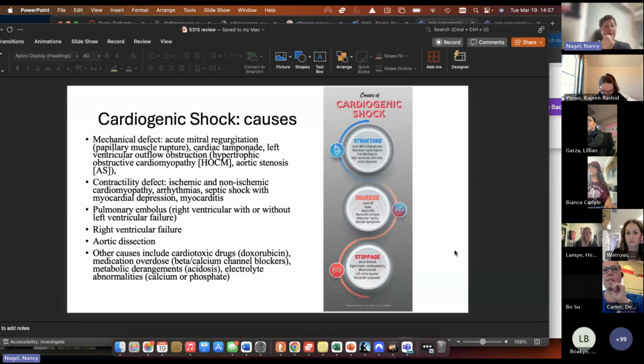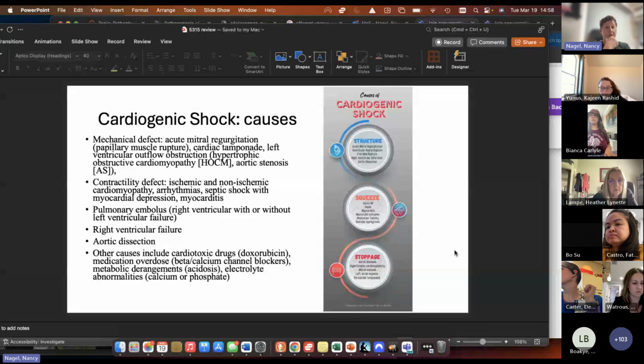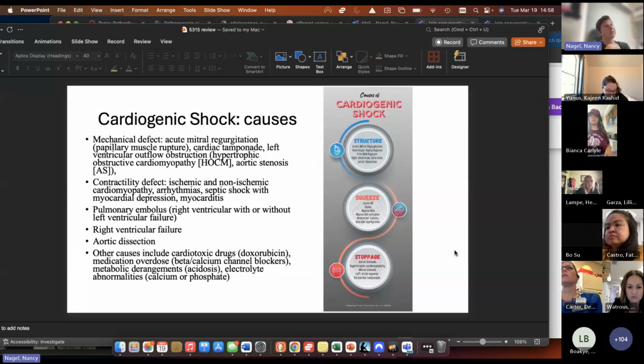I already talked about HOCM a little bit, where sometimes the size of the muscle pushes the aortic valve out of the way a little bit, and that prevents blood from adequately going through. Aortic stenosis is a huge cause for it, and that's one of the reasons that we do a lot of aortic valve replacements, especially in elderly people, because their aortic valves get very stenotic with calcium, and that causes a backflow.